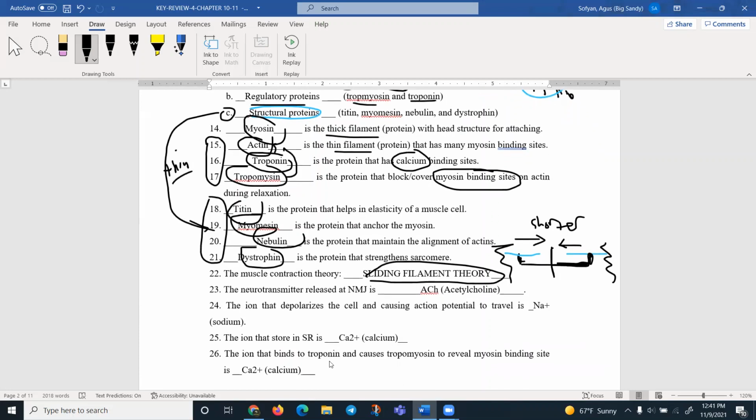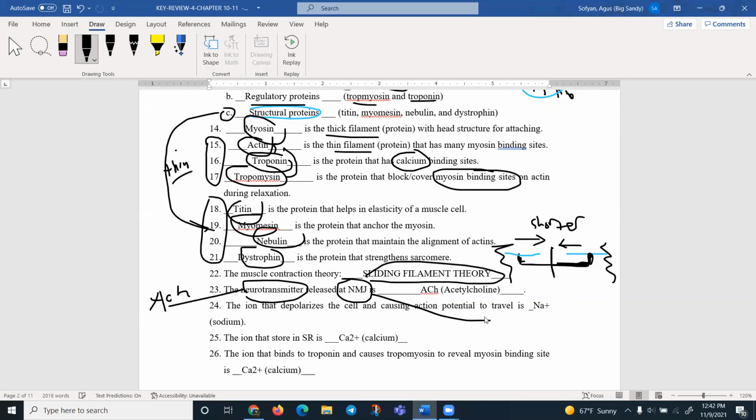The neurotransmitter, which is actually acetylcholine, ACH, will be released in the NMJ. What is NMJ? This is the neuromuscular junction. So this is the junction between neuron, motor neuron, and muscle.